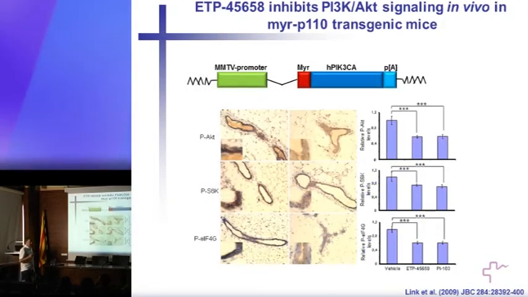And last but not least, in this business, it's very important to show also the modulation of biomarkers in vivo, and we were able to show this in a transgenic mouse model overexpressing the myristylated form of PI3 kinase alpha, modulating also the biomarkers in vivo.